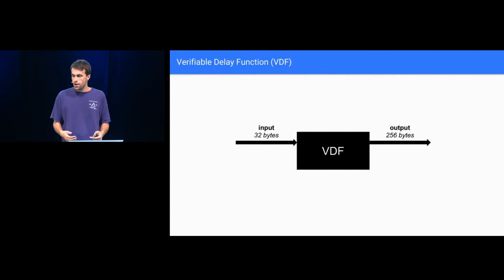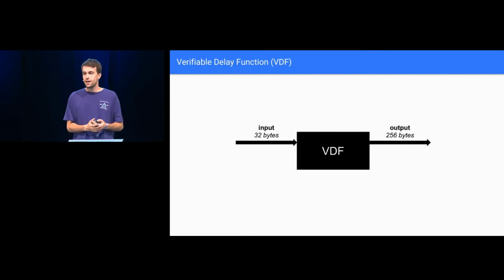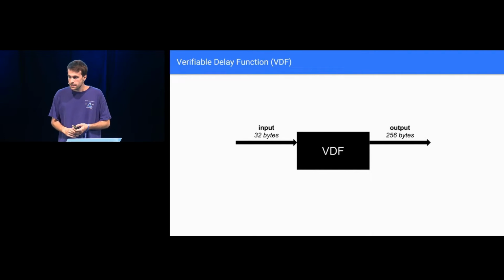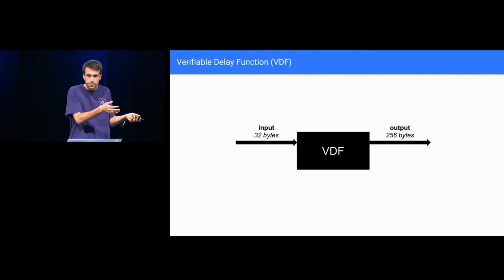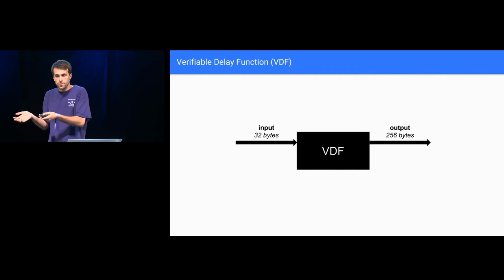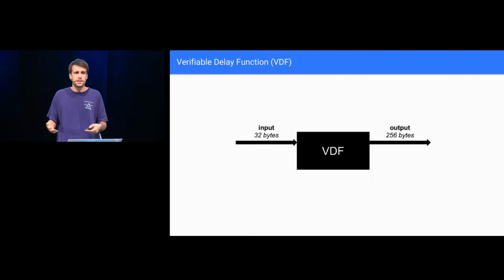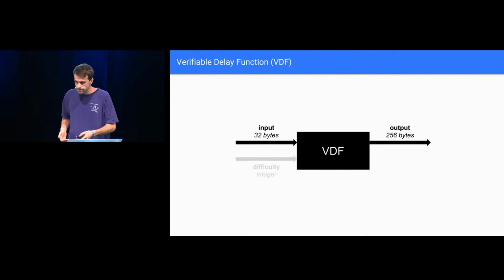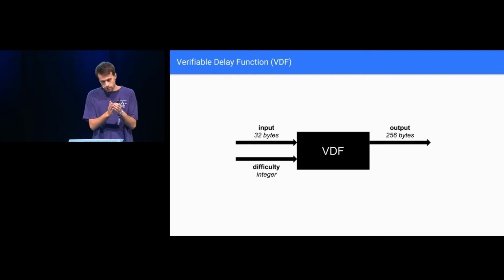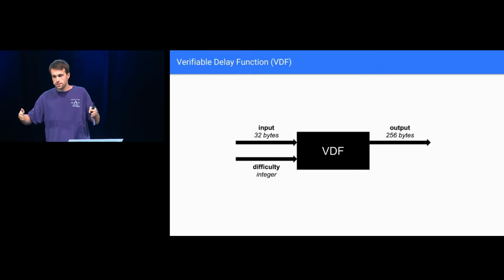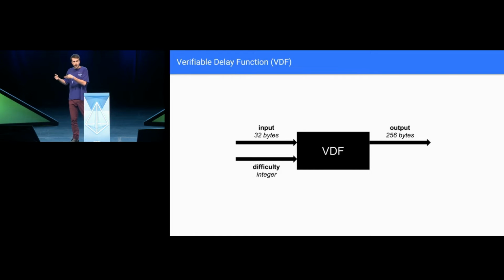Okay, so we have this new cryptographic primitive, which is very recent, just a few months old, and it's a VDF. So the function part of it is very simple. It just means that you have an input, and for every input, you have a unique output. And if you want, you can think of it as a hash function. There's a second parameter, which is the difficulty. So the difficulty specifies the amount of sequential work that needs to be done in order to compute the output.